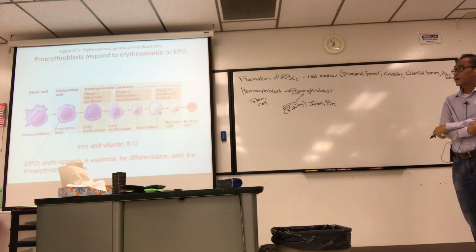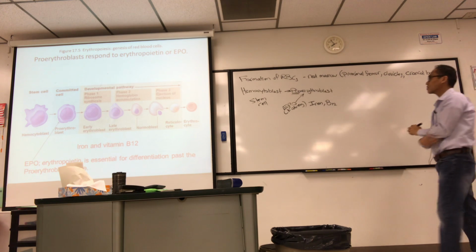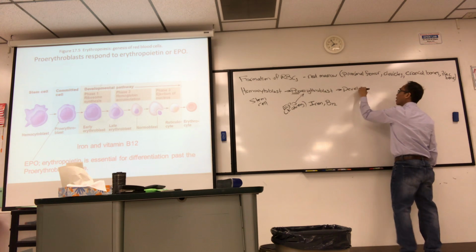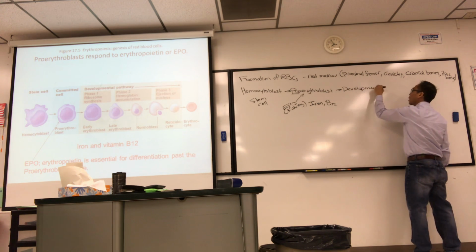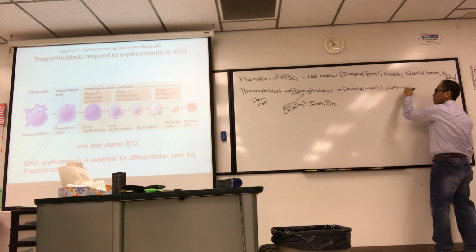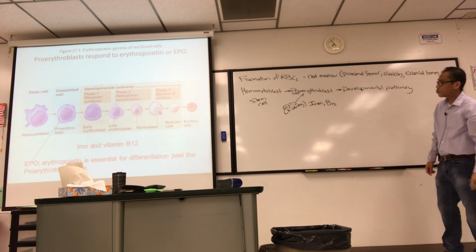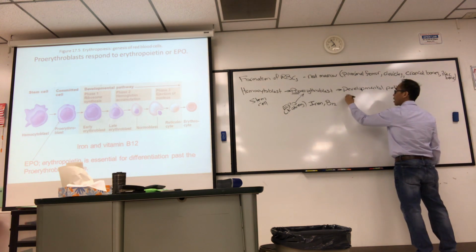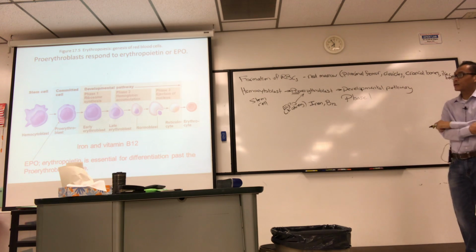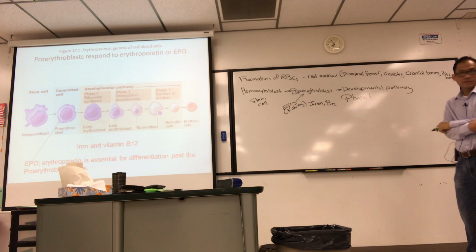And that committed stem cell with EPO, you'll get to the developmental pathway, which has different phases. In that phase 1, they call it ribosome synthesis.